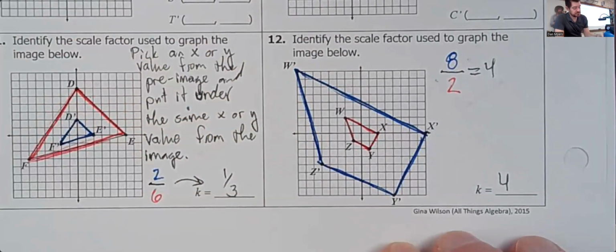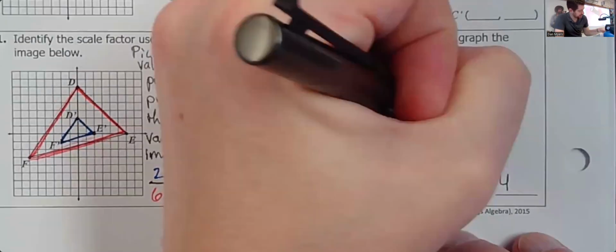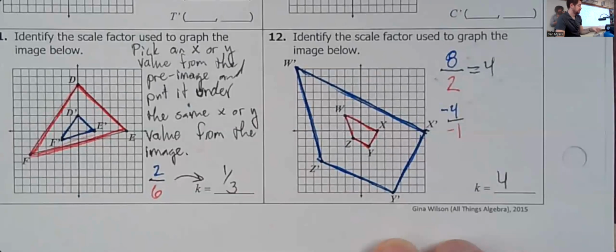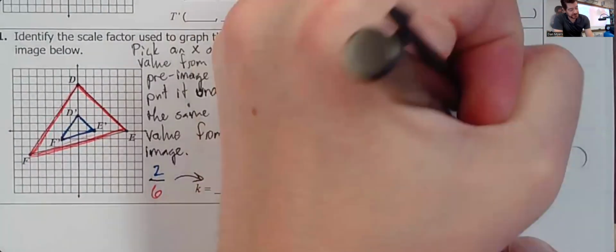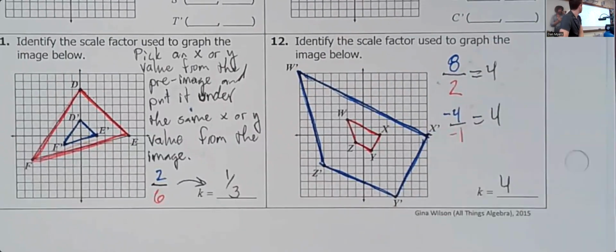So that would be -4 over -1 from the original. And -4 divided by -1 equals 4. So it doesn't actually matter which values you choose, as long as you got your image values above your pre-image values and you reduce it, it ends up equaling the same thing no matter what. Any questions about that? So pre-image or image value over pre-image value to figure out your scale factor.